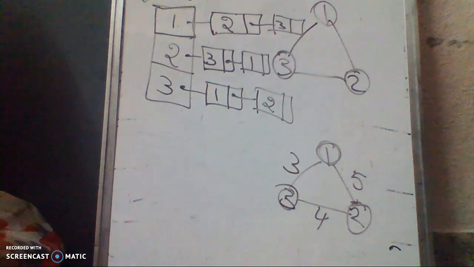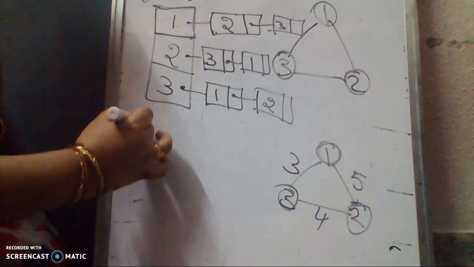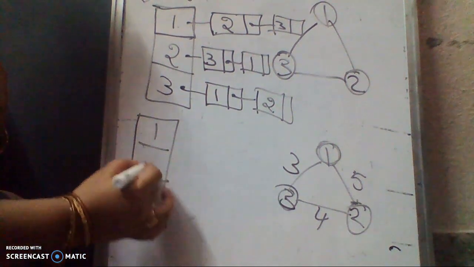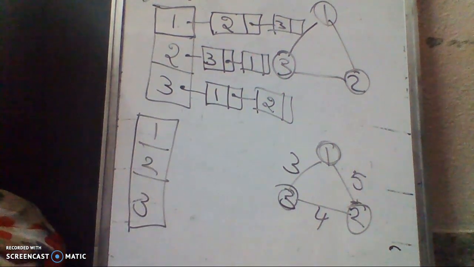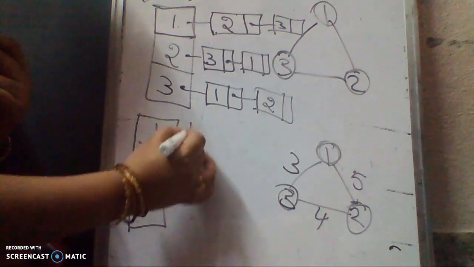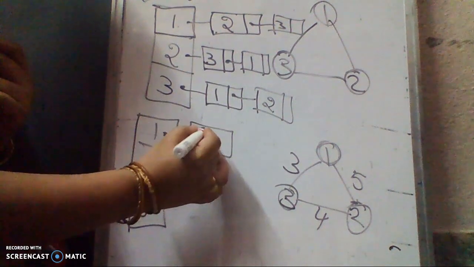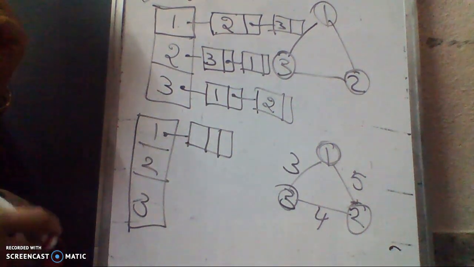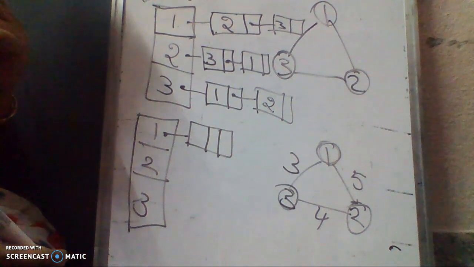These are the weights for the edges. Now we can create an adjacency list like this: vertex one, vertex two, and vertex three. For vertex one we have two nodes. In each and every node we will store the edge vertex number and also the weight of the edge.